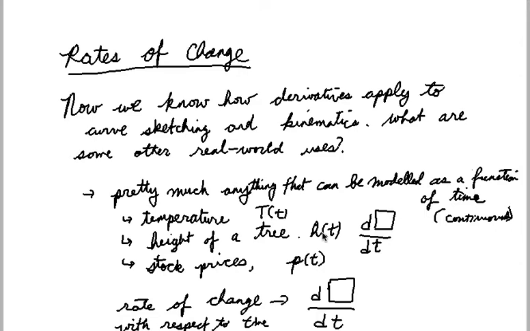I could model these situations as functions of time, and then the derivative of those functions would tell me the rate of change, the instantaneous rate of change at any instant of time. And in this box I would put T, h, or p, depending on the situation.